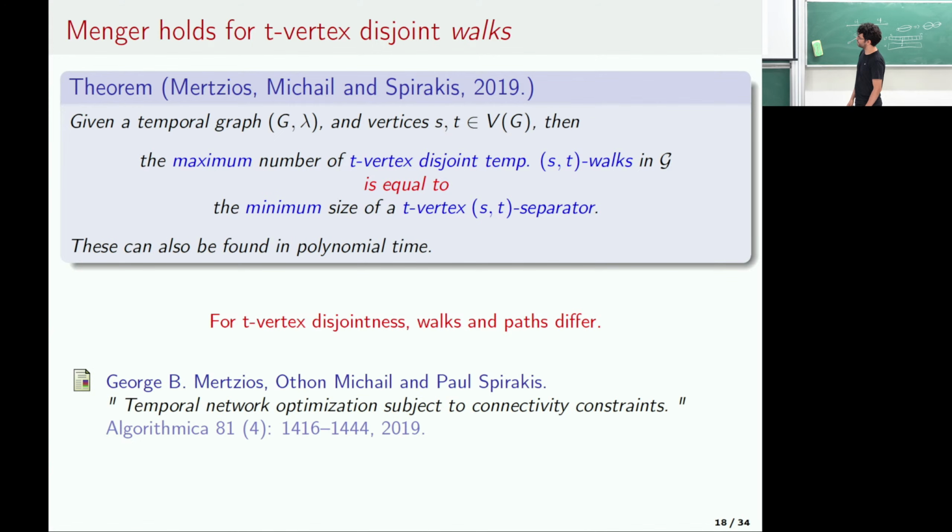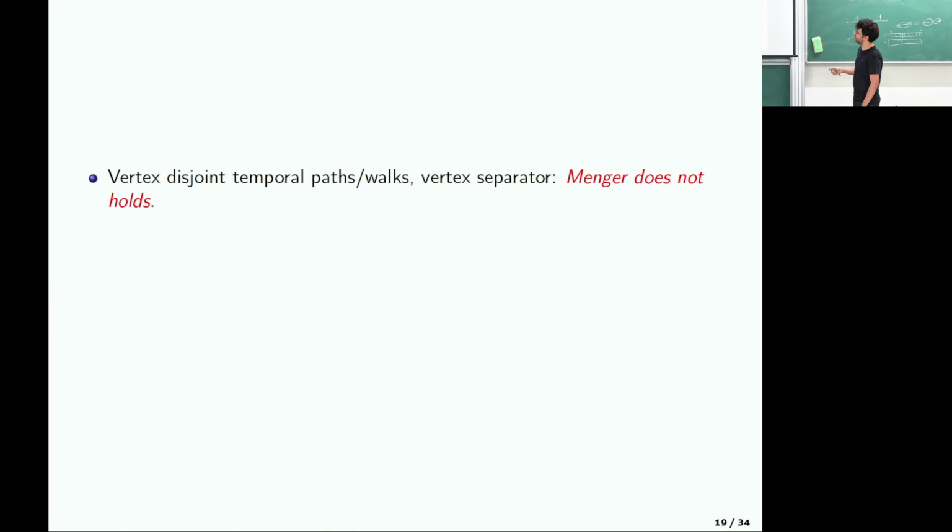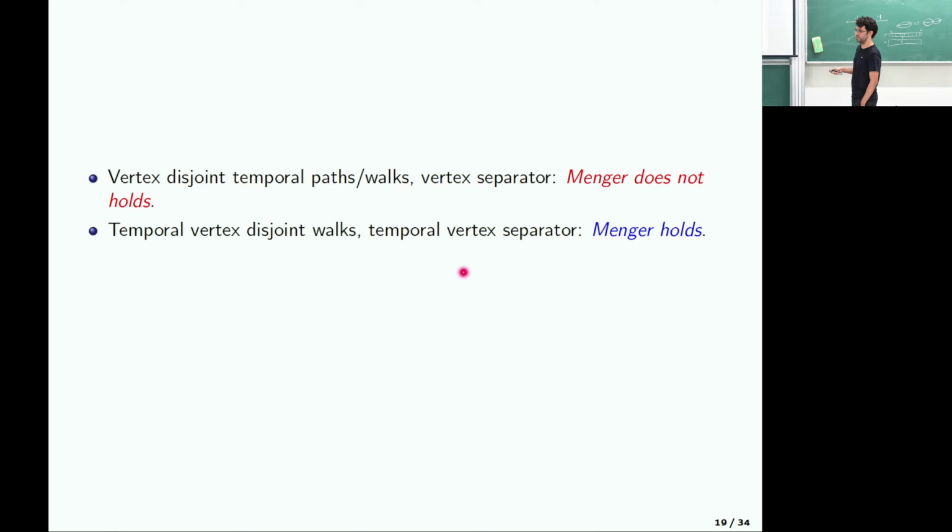Okay, so we can see that if I'm talking about temporal disjoints, there is a difference between walks and paths. What we have seen so far is that if we are talking about vertex disjoint temporal paths but a vertex separator, then Menger doesn't hold. If we are talking about temporal vertex disjoint walks and temporal vertex separator, then Menger holds.